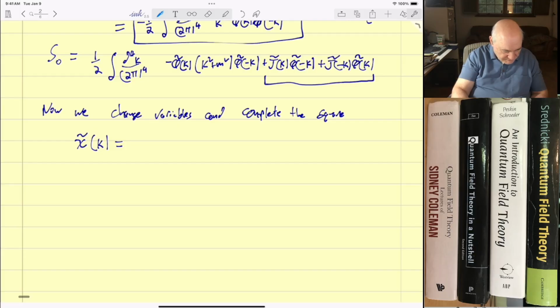So chi tilde k is equal to phi tilde k minus j tilde k over k squared plus m squared. Now, Srednicki says this is a constant shift, and you might be bothered. This shift seems to depend on k and be different.